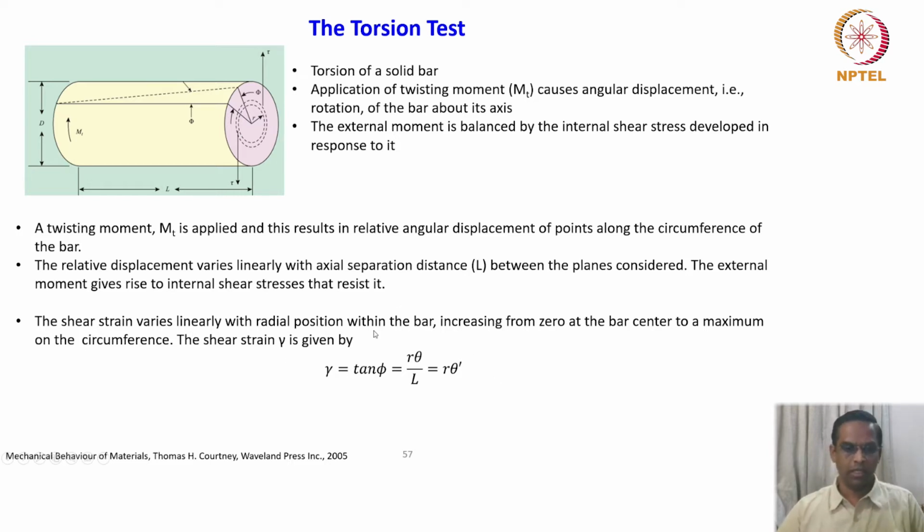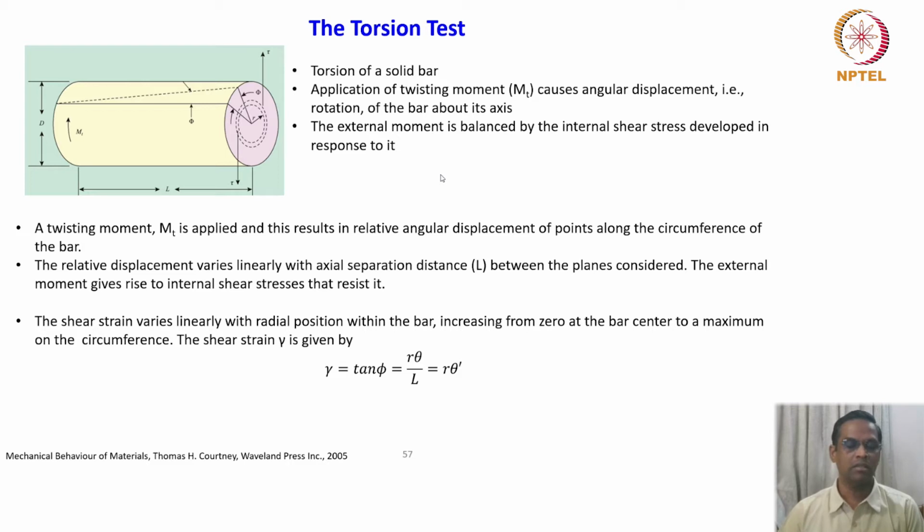Before even getting into the detail, the way in which we have to look at the torsion test is that it looks at the mechanical behavior which involves a large shear strain, and how the material behaves.